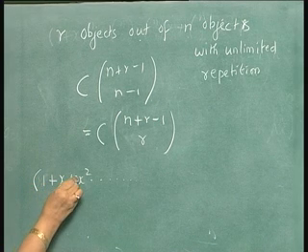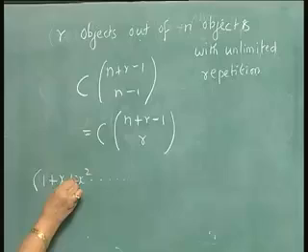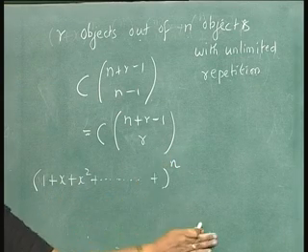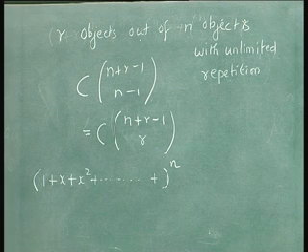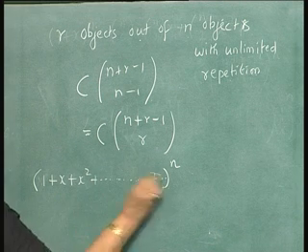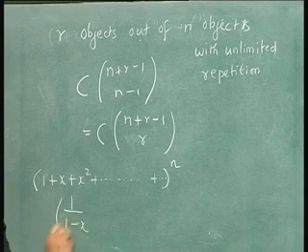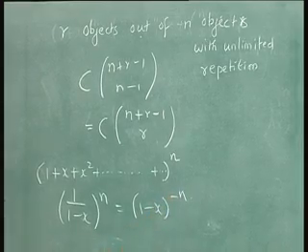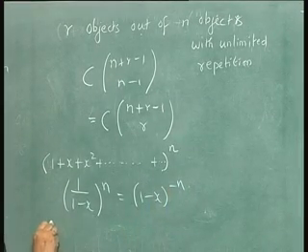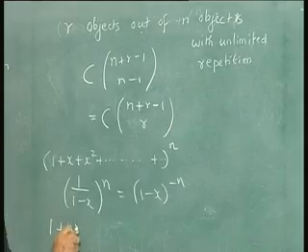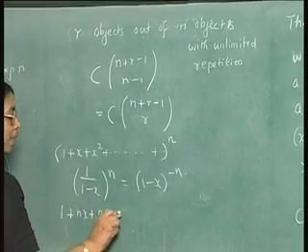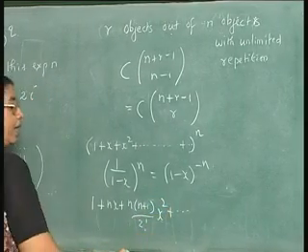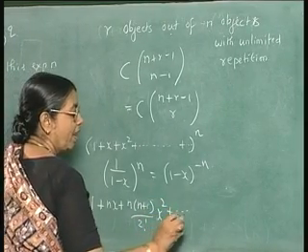In the binomial expansion, this will expand as 1 plus nx plus n into n plus 1 by 2 factorial x squared and so on. The coefficient of x power r will be n into n plus 1 etc. n plus r minus 1 by r factorial, x power r plus etc. If you expand using the binomial theorem, this will be the expression.